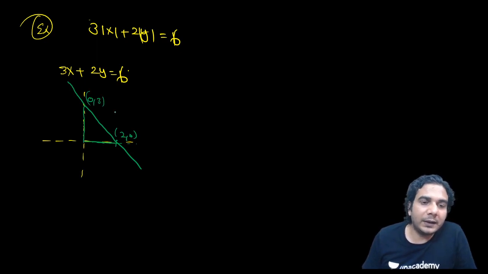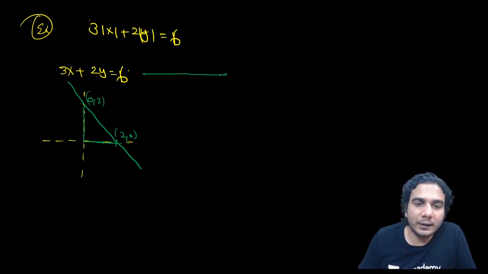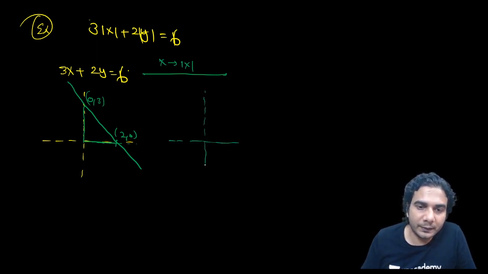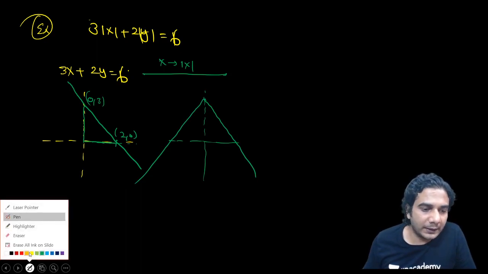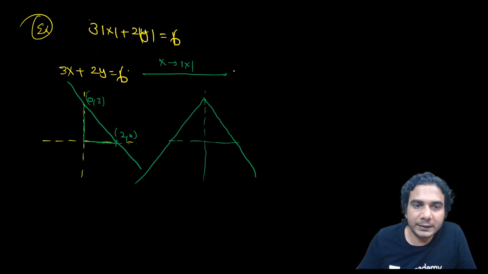And if you transform, x is replaced by mod of x, so you know what to do. In this step it will be like this portion and this portion. And in the third step, this was 3 mod of x plus 2y is equal to 6.